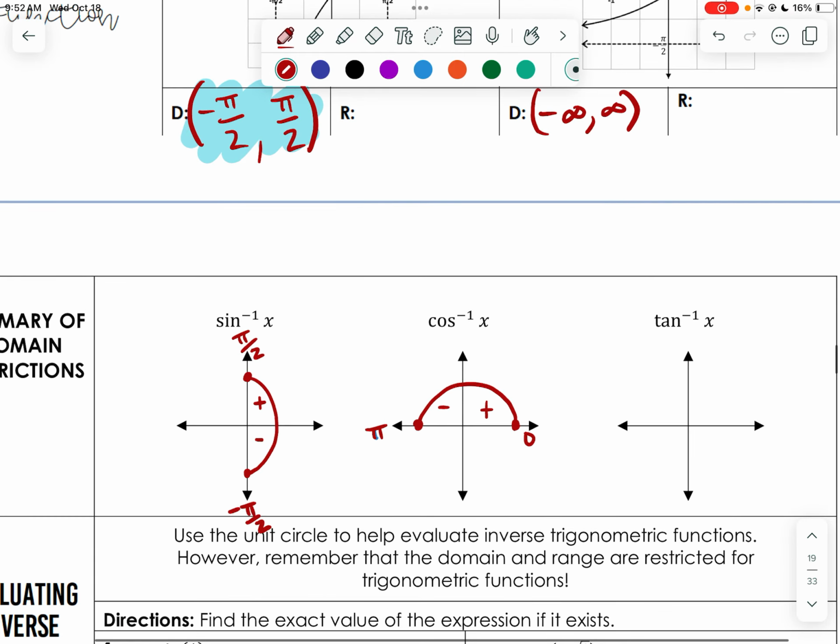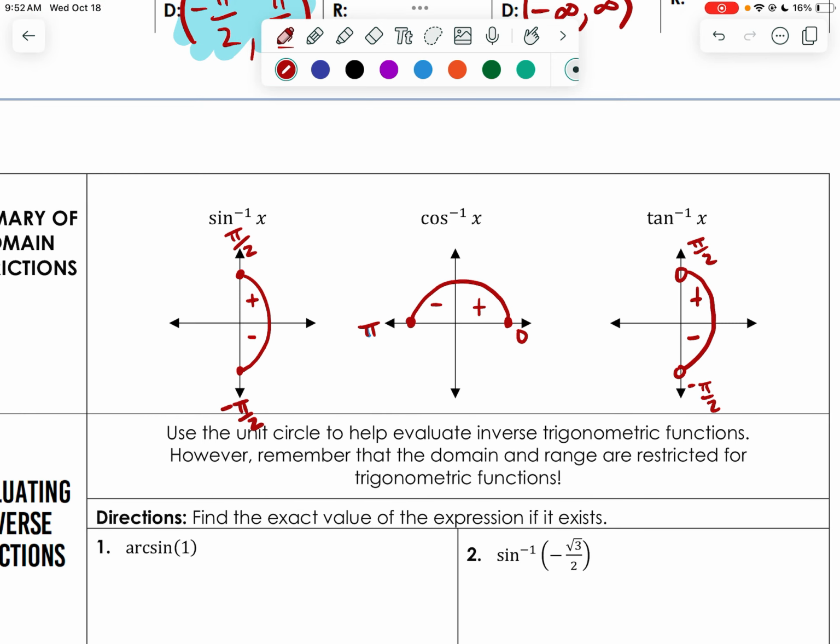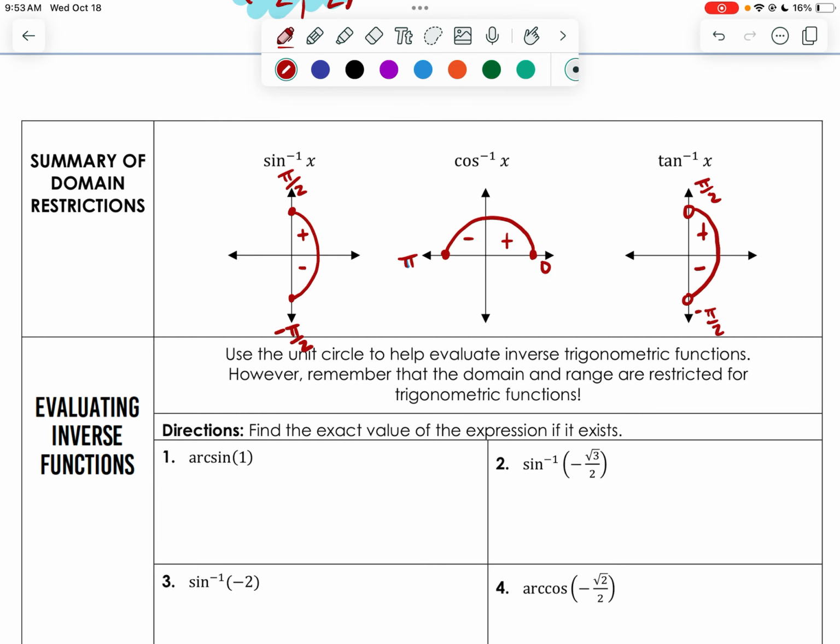It's between negative pi over 2 and positive pi over 2. Now I'm putting open circles on this just because they were asymptotes. We use parentheses, but it's otherwise the same as sine. Okay, so positive over positive, that's our positive signs, and then these are negatives. Okay, so we're going to need to draw those and keep those in mind.